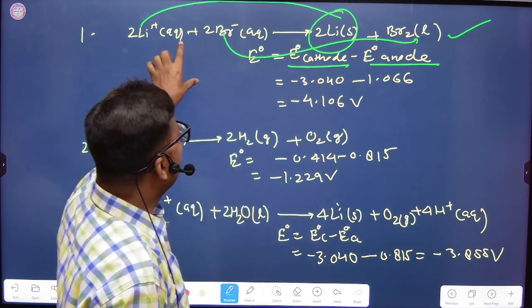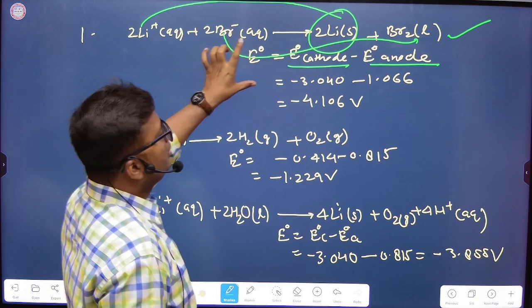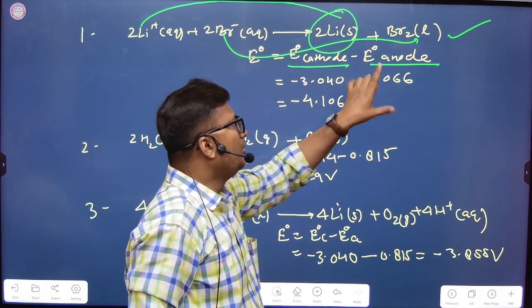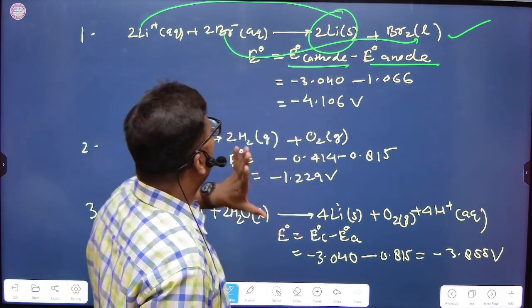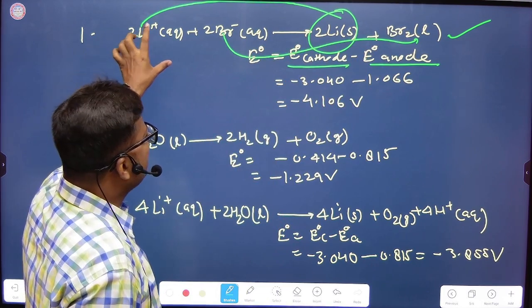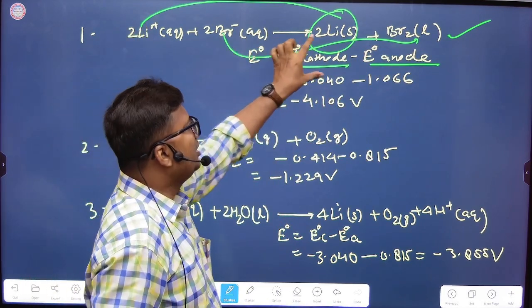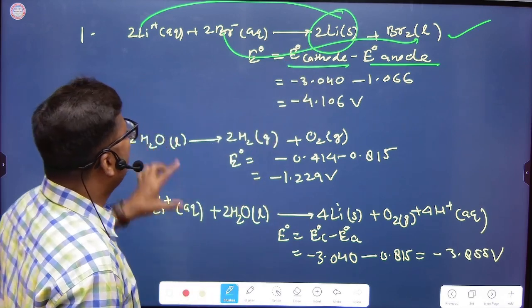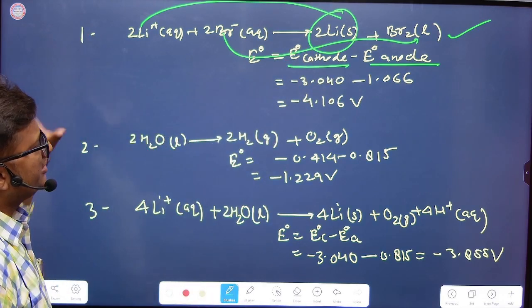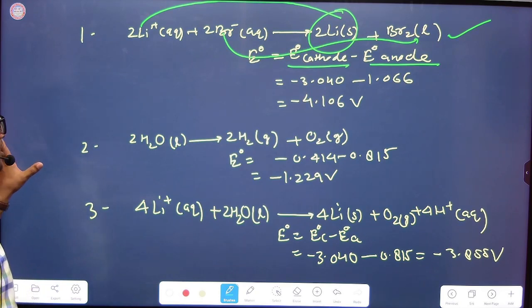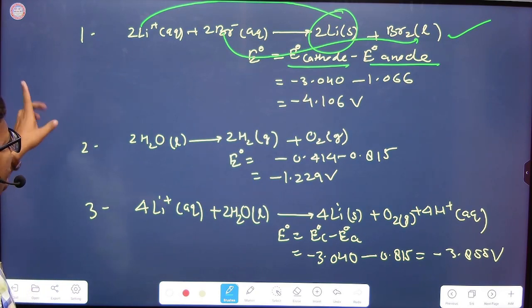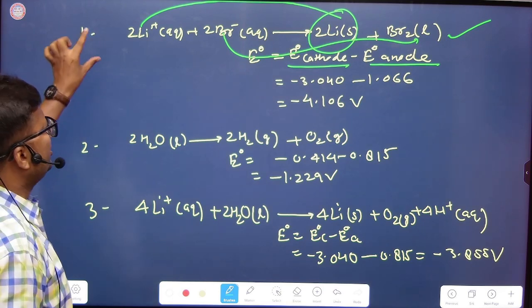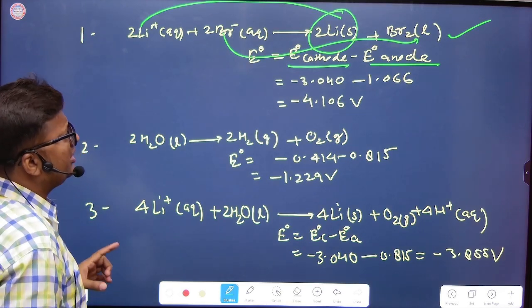So through the oxidation of bromide ion, the electrolytic cell produces bromine, and through the reduction of lithium plus it will produce lithium solid, right? So here two kinds of half cell reactions are taking place, the oxidation half cell reaction and the reduction half cell reaction. So this is a complete electrolytic cell.